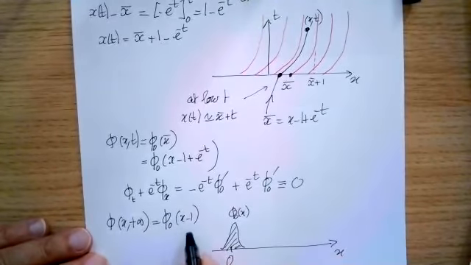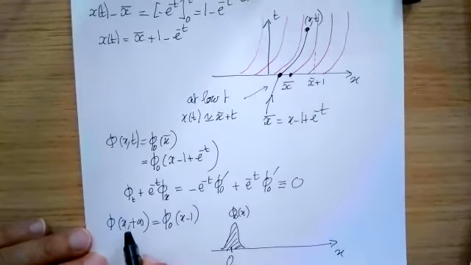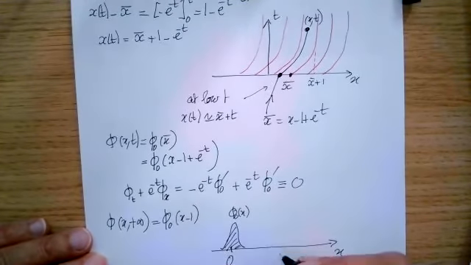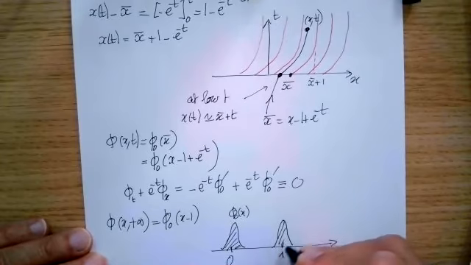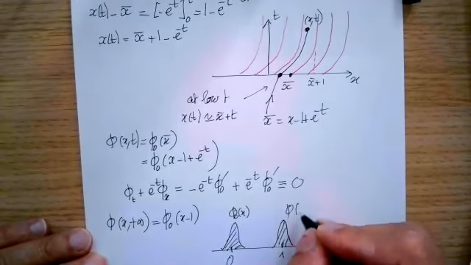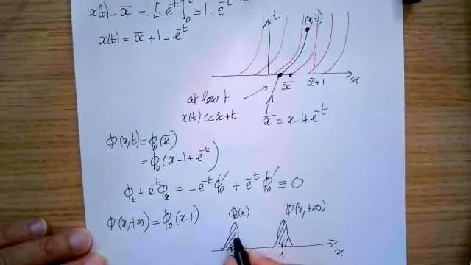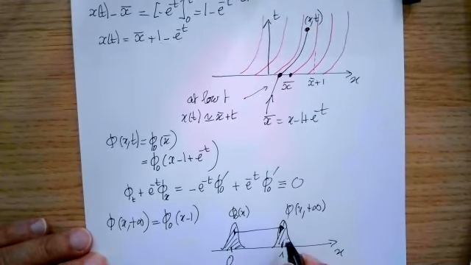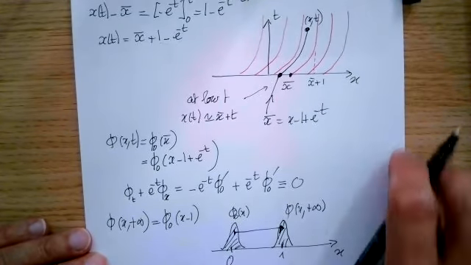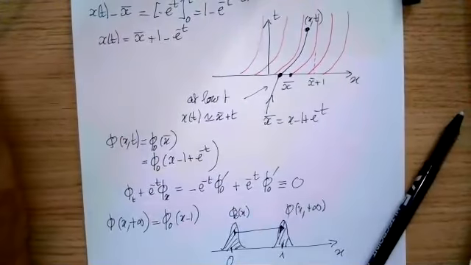This guy here, psi of x, is centered around 1. This would be just psi of x, plus infinity. It takes an infinite time to make this translation of 1 unit of space. So this is the end of the solution of this exercise.